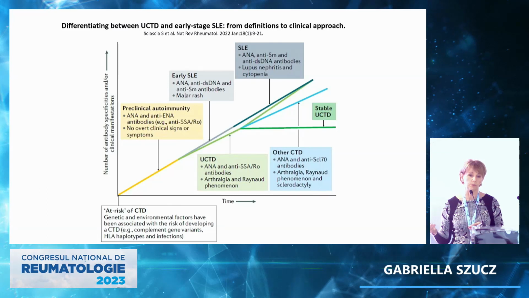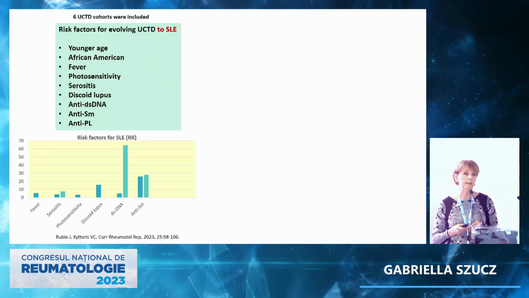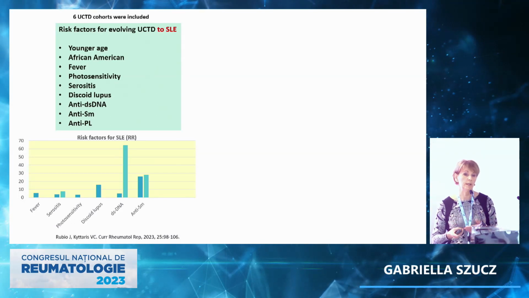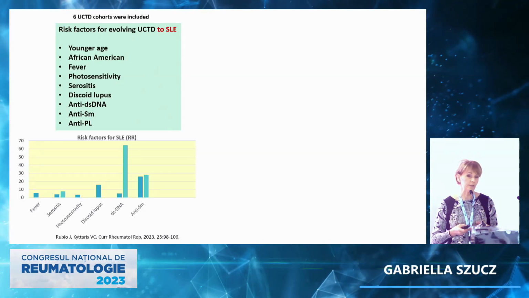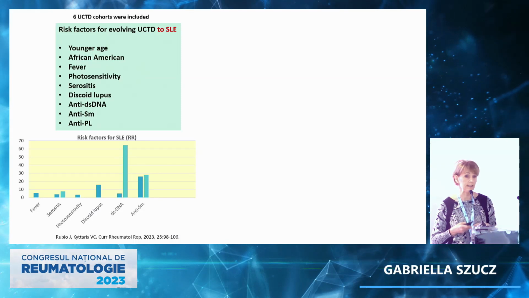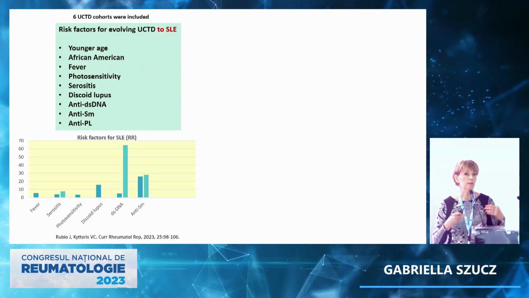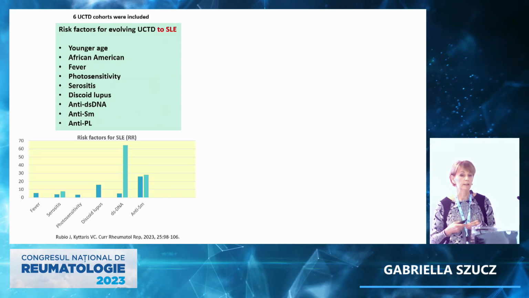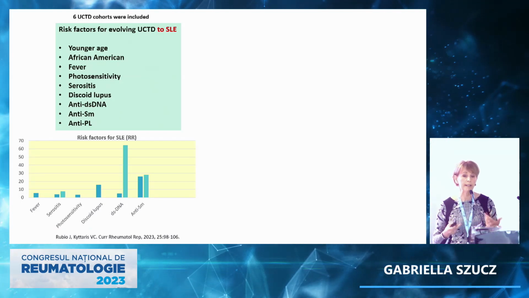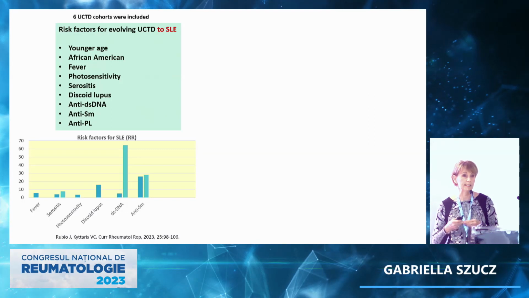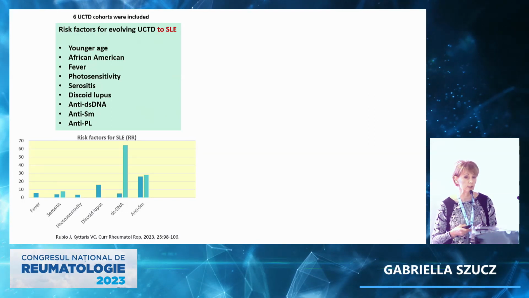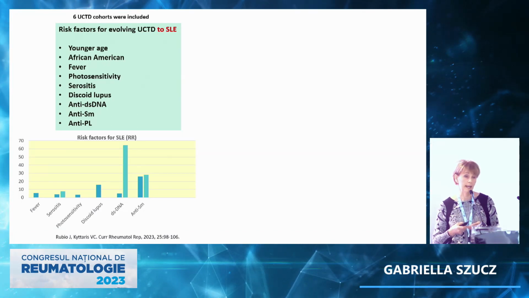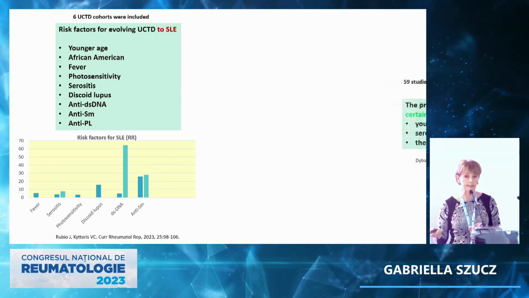I don't want to go into the details, but the previously mentioned publication showed that the risk factors for evolving UCTD to SLE were the younger age, the African American race, fever, photosensitivity, serositis, discoid lupus, anti-dsDNA, anti-Sm, and anti-phospholipid antibodies.